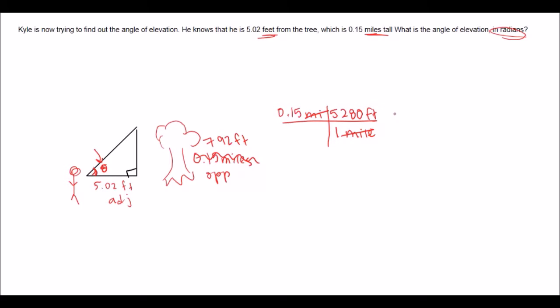I can imagine that in my head better, so I am going to find this in degrees and then convert it to radians. Of course, you are welcome to find it in radians from the start. Okay, so we have tangent of theta equals the opposite, which is 792, over the adjacent, which is 5.02.